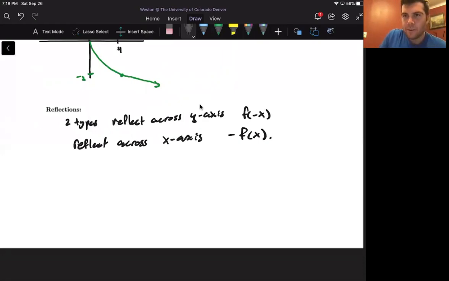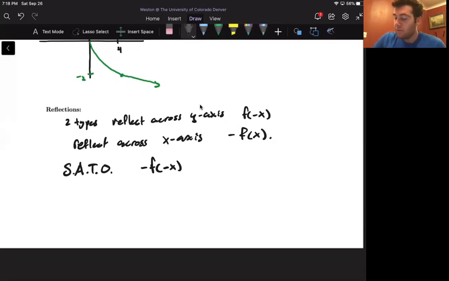And if we remember with symmetry, we had one final type of symmetry, and that was symmetry about the origin. And maybe you can make a conjecture about what that would look like. Turns out that this one is actually minus f of minus x.